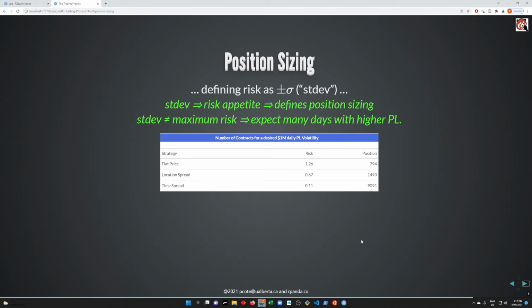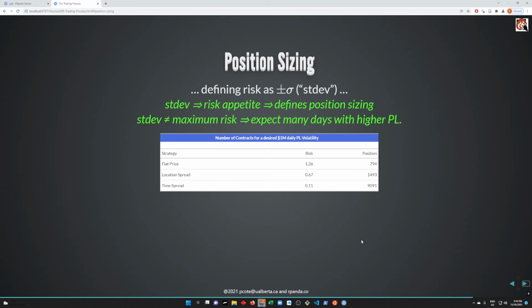In this case, I've assumed $1 million. One way to translate position size to your risk appetite is to use certain metrics. In this case, I've defined risk as plus or minus one standard deviation. We can see that flat price results in $1.26 per barrel, location spread more or less 70 cents per barrel, and time spreads, not as volatile, 11 cents.